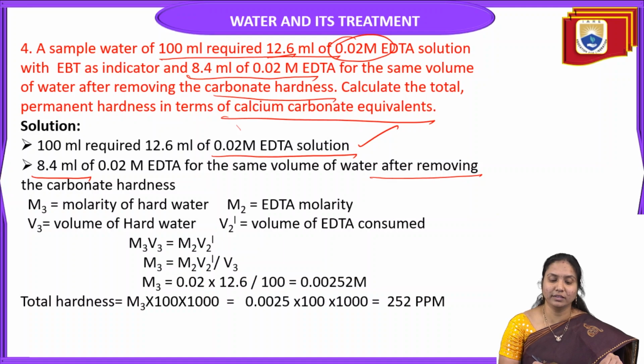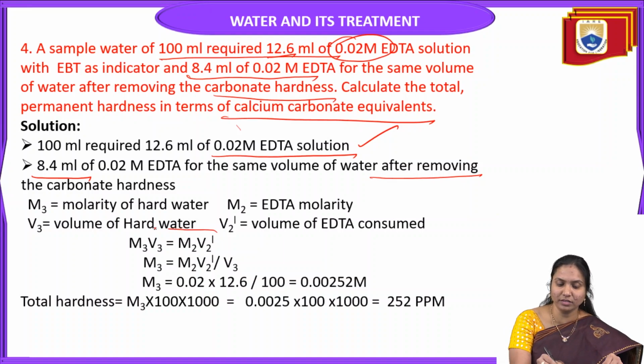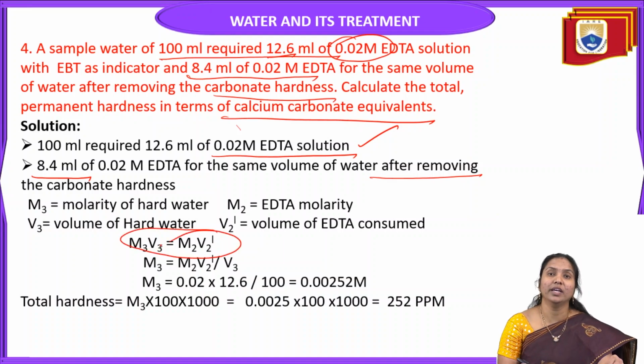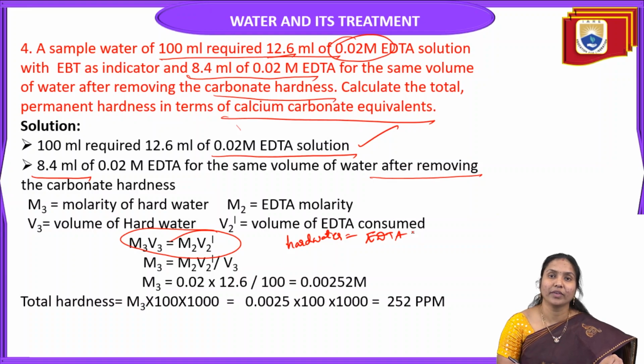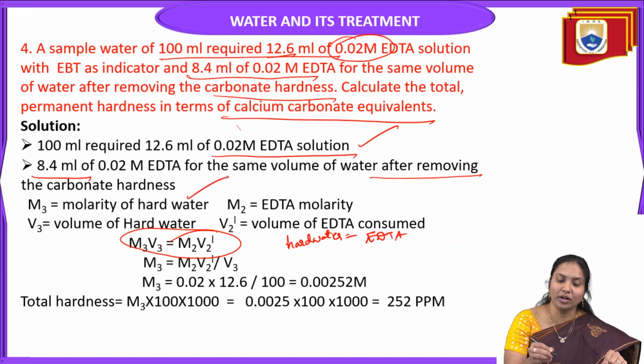So now we can calculate the molarity of the given hard water. Here we are using the formula M3V3 equals M2V2. M3V3 is related to hard water and M2V2 is related to EDTA. Here M3 is the molarity of hard water.